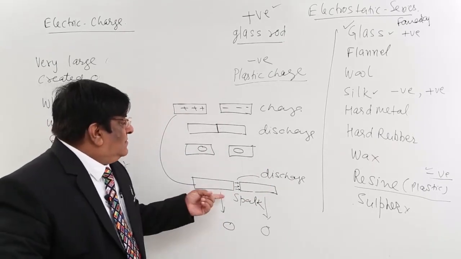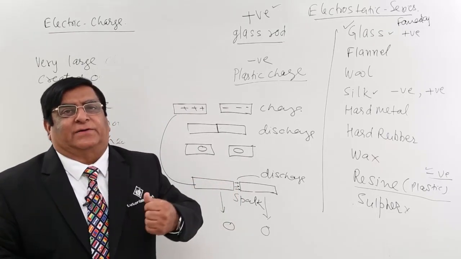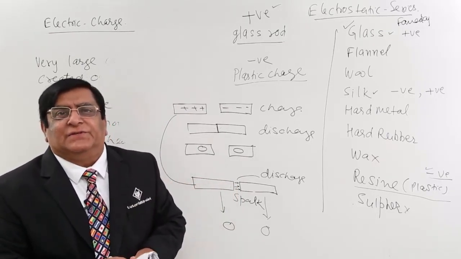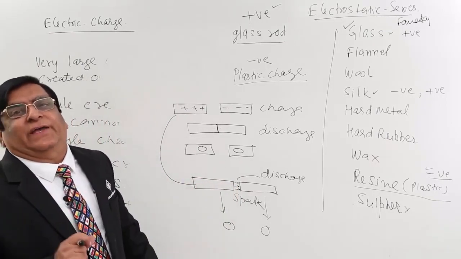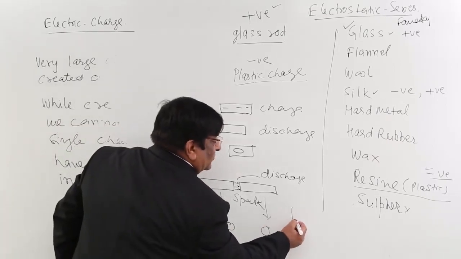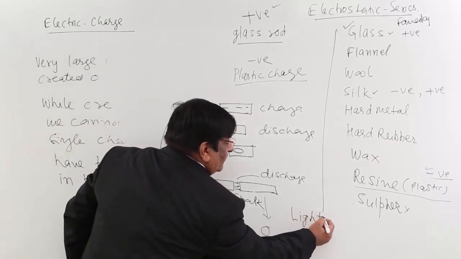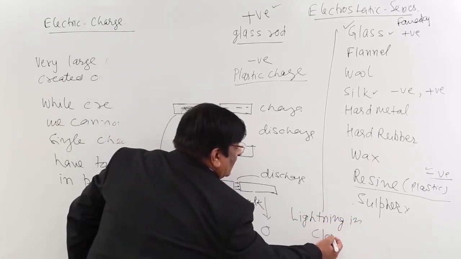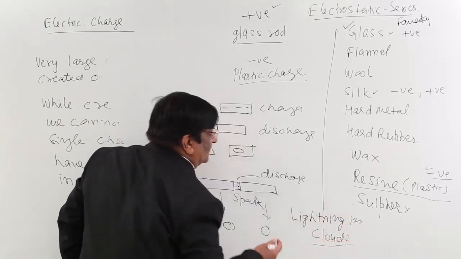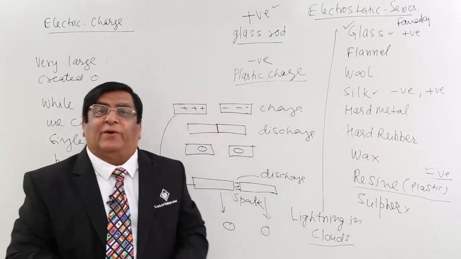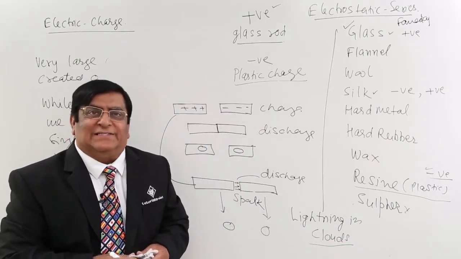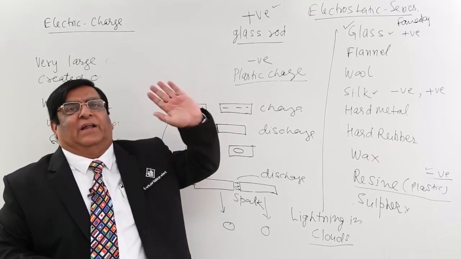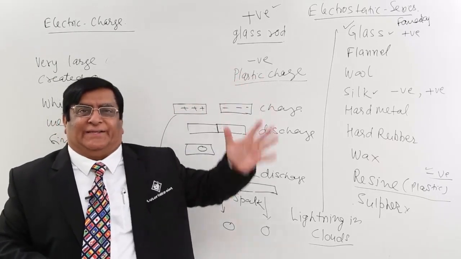So the example of a very big spark is lightning in the sky, lightning in the clouds. And right from the initial days of science, it was a big question for scientists, what is this lightning in the cloud which we see shining?